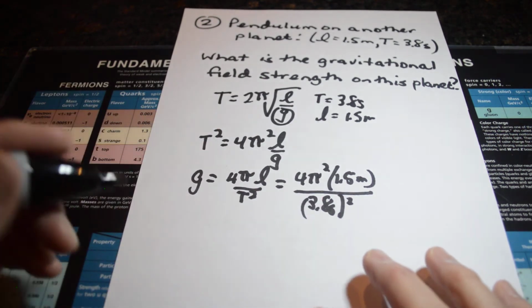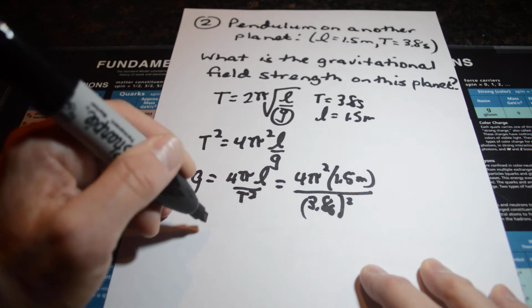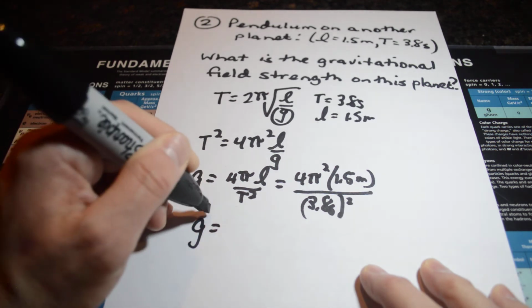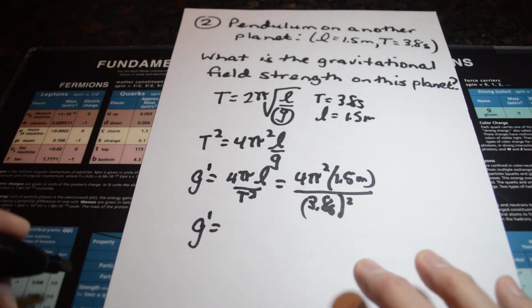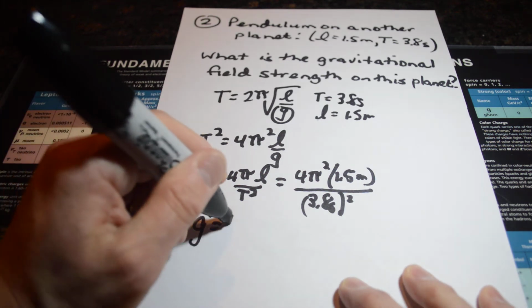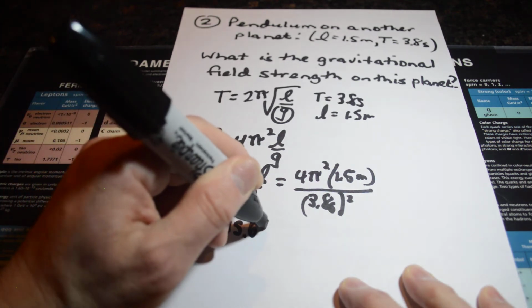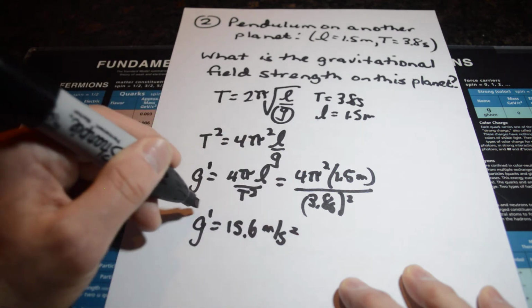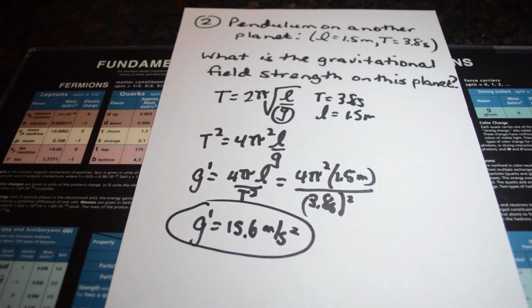So you put in those numbers, and you get that g, the new g value, you might want to call it g prime now because it's not on the Earth, is 15.6 meters per second squared, whereas on our planet it's 9.8. Here on this planet it's 15.6.